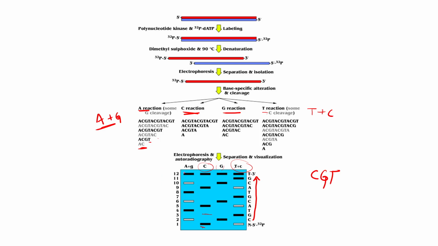In Sanger sequencing, we had 4 wells for A, T, G, C. In Maxam and Gilbert, it is slightly more complicated, where we have 4 wells with one having the A reaction that also shows the background reaction for G. So we have to compare it with the G reaction, and the T and C reaction has to be compared with the C reaction alone.